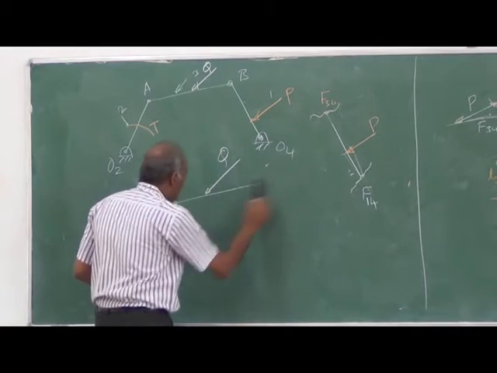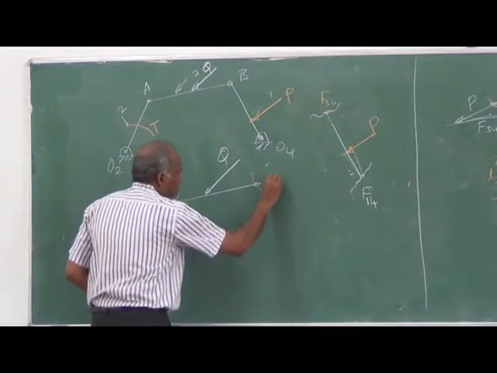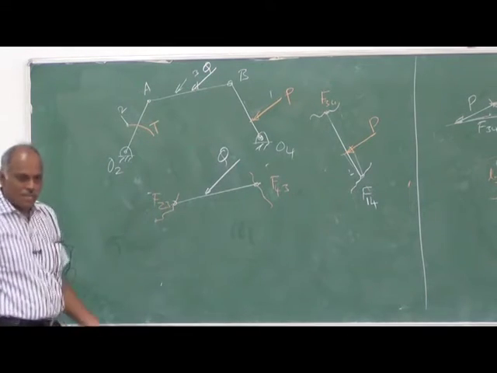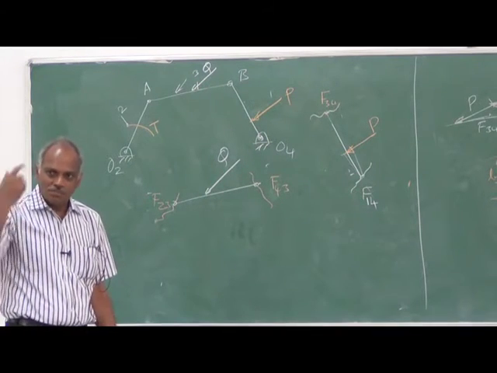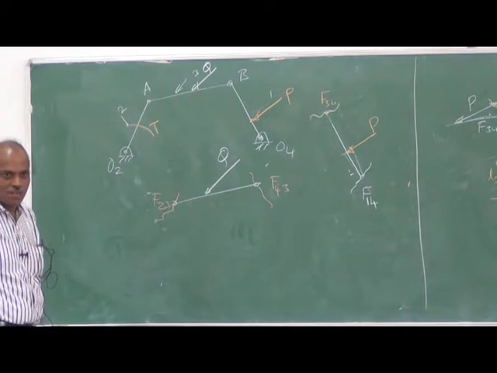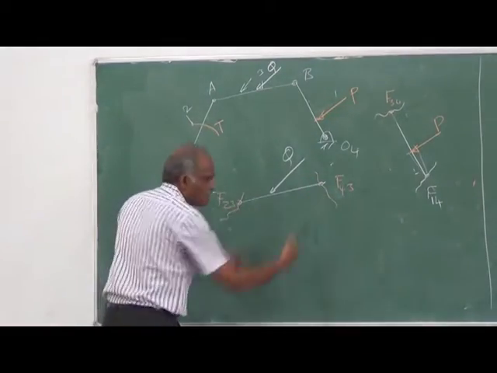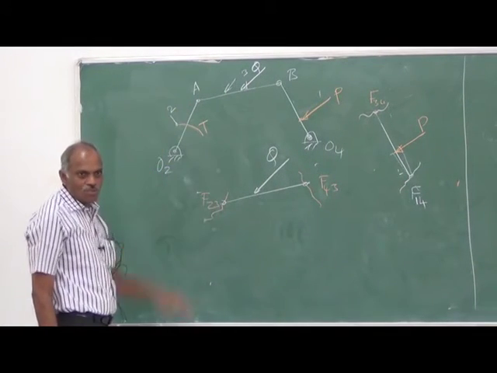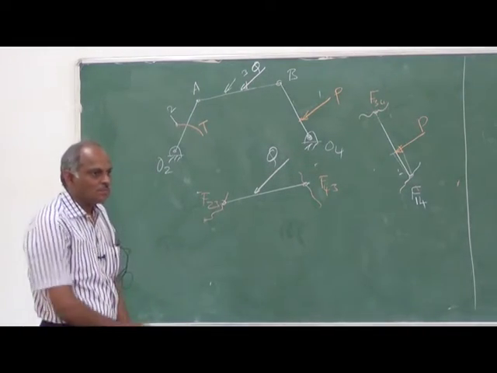Therefore, we cannot say that these two forces will be in a particular direction. They may be in any direction. So the direction and magnitudes of F43 and F23 are still not known. You cannot proceed in the same way as we did earlier, where Q was not there. Here you cannot solve, and obviously if this is not solved, you cannot solve for linkage 2 either. So how do we solve this?